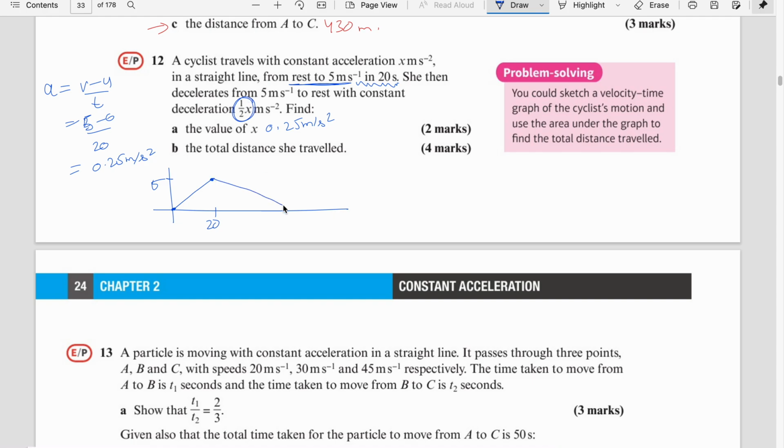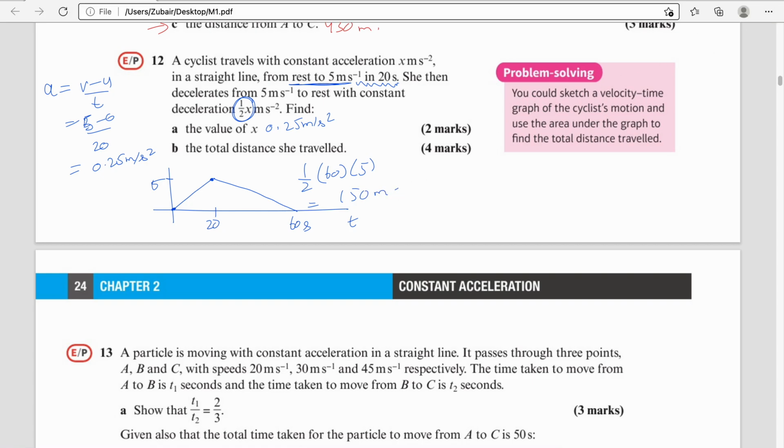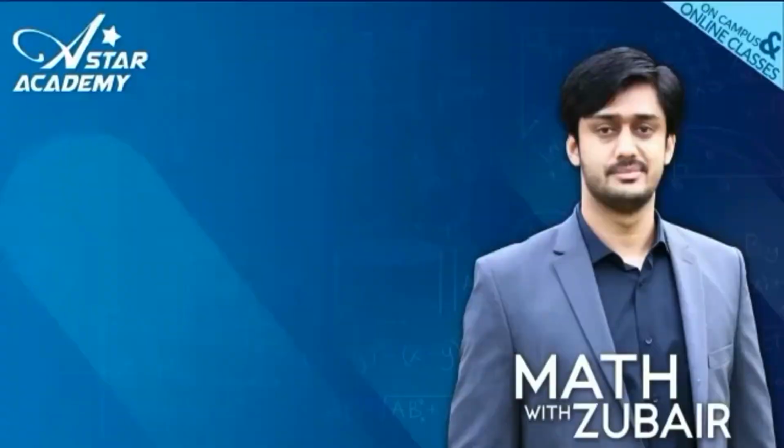So that would take another 40, making it 60 seconds. And the total distance is actually the area under the graph. So 1 by 2 base times height. 150 meters. Clear?